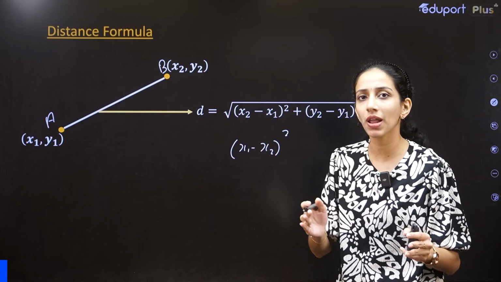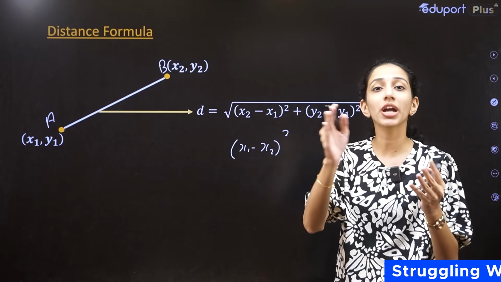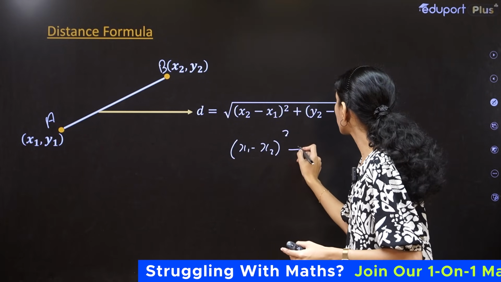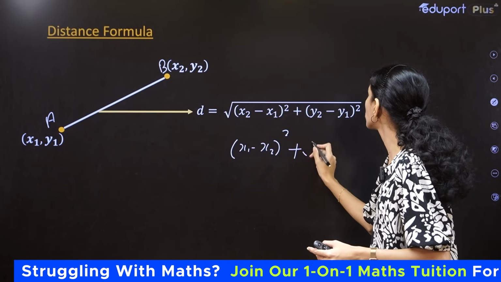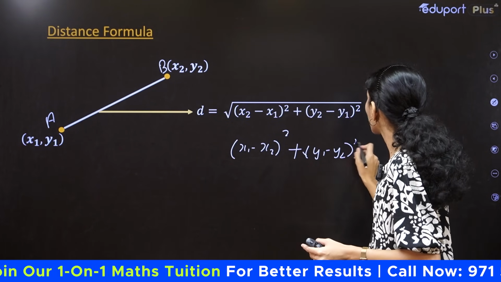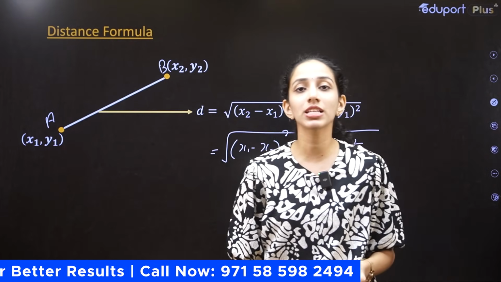No, because (2 minus 3) all square and (3 minus 2) all square are the same. So you can also rewrite it as the root of (x1 minus x2) all square plus (y1 minus y2) all square. There is no problem.